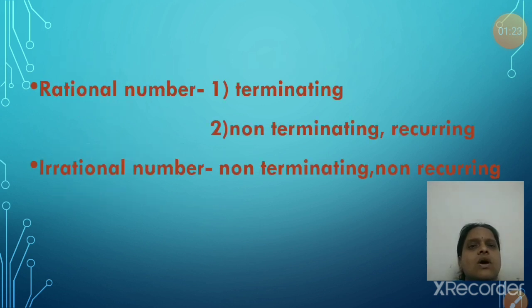Now let us revise this concept: how to identify whether a given number is rational or irrational. Terminating numbers are rational numbers. Non-terminating but recurring numbers are also called rational numbers. Irrational numbers are non-terminating, non-recurring.